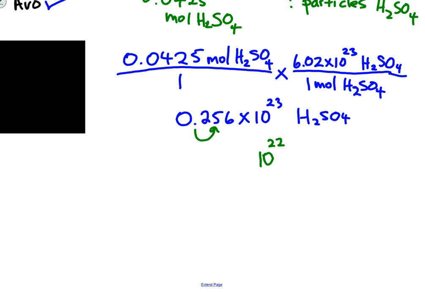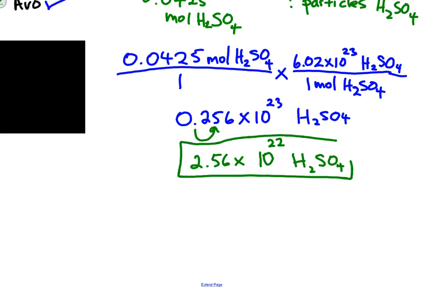And then here, we're moving the decimal to 2.56, and this is H2SO4. And we are there. That is our answer. Okay. How are we doing? Wasn't that nice? This is a great little method. Let's go on to another problem.